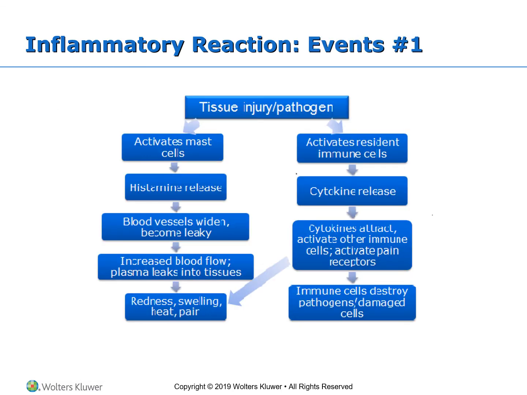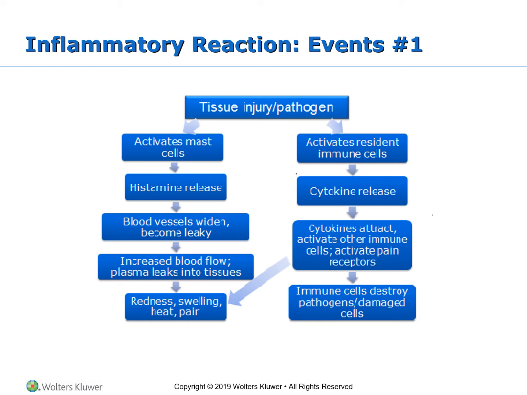Now, the inflammatory reaction in terms of the events that happen. Once there is a tissue injury or the tissues are exposed to the presence of a pathogen, there are two chains of reactions. One will be the activation of the mast cells that, as a result, will release the histamine, and under the influence of the increased level of histamine, the blood vessels will widen and will become leaky.